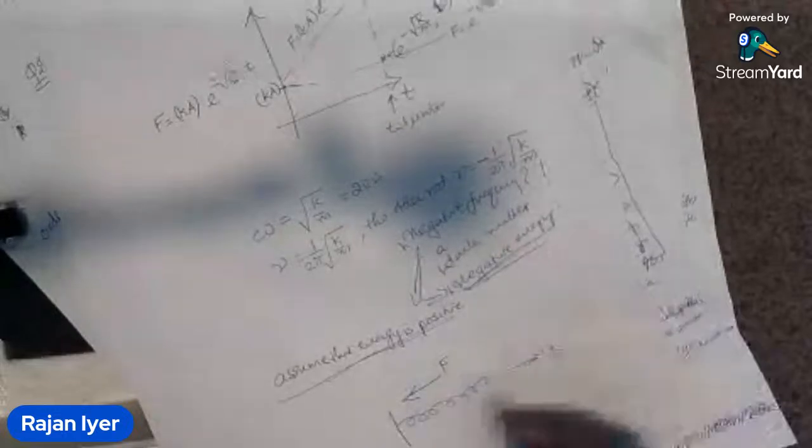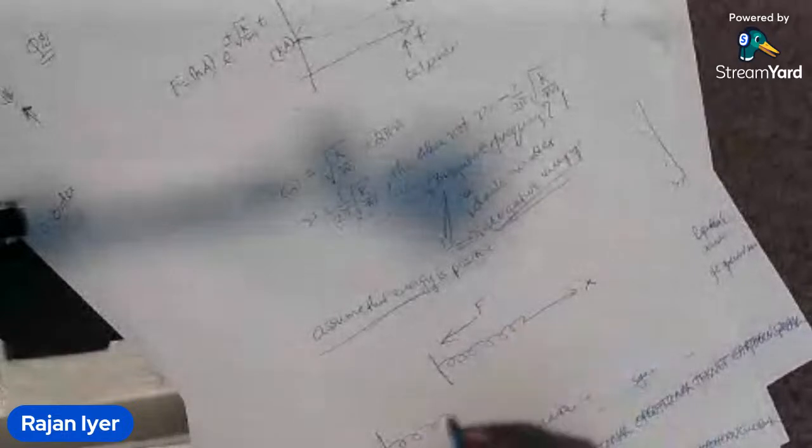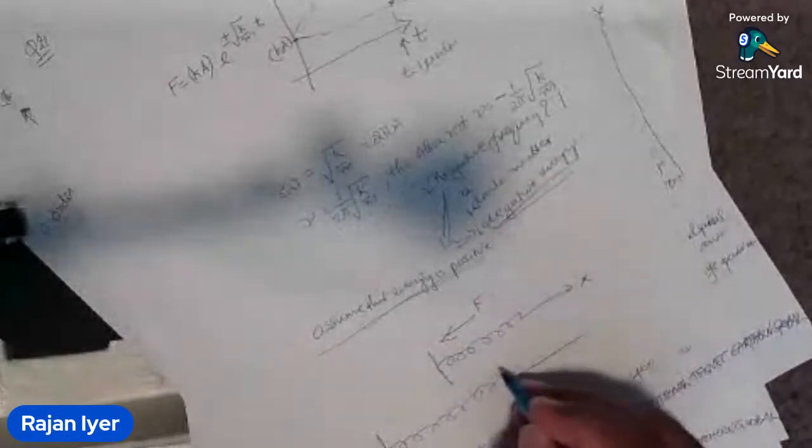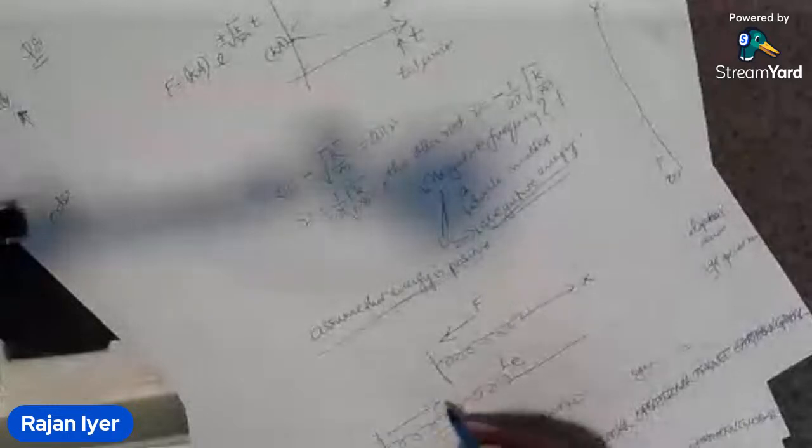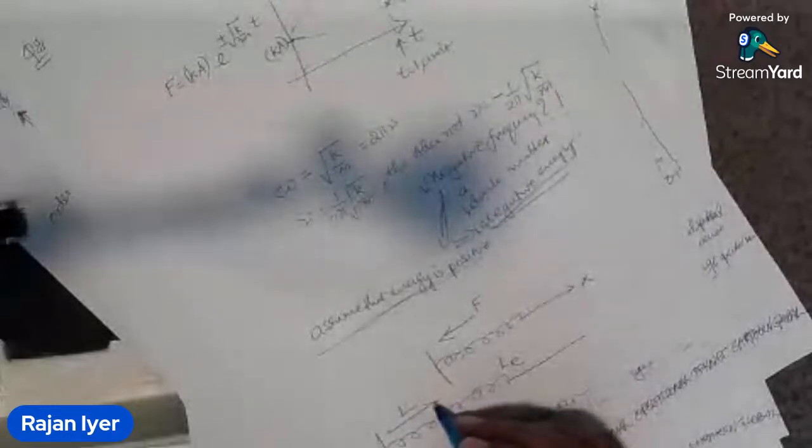But yeah, when we talk about zero force, zero force could happen at different points along the harmonic oscillator, couldn't it? When it's fully stretched out, right? Let's say this is LE, and this is the normal length, L. This is where the force is 0.